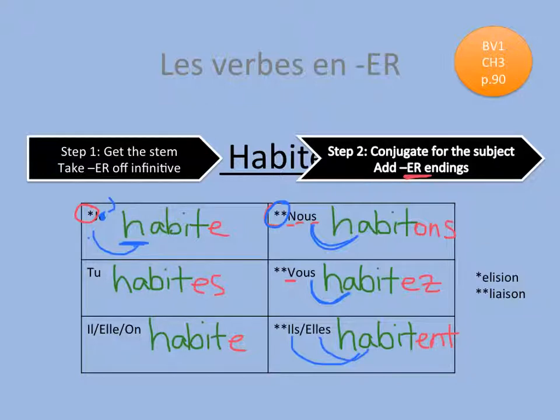So the H is not pronounced on any of these. J'habite, tu habites, il habite, elle habite, on habite, nous habitons, vous habitez, ils habitent, elles habitent. Habite, habite, they all sound the same.